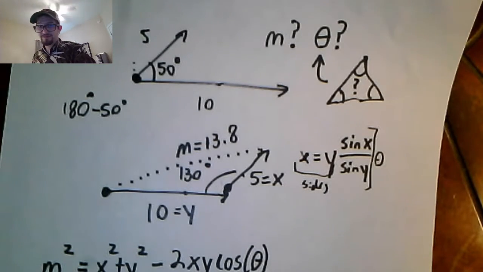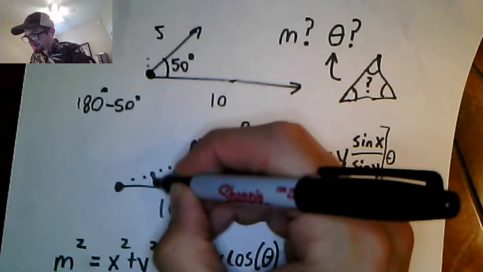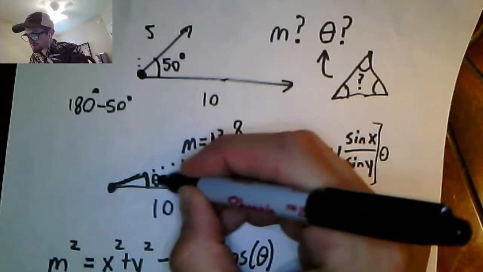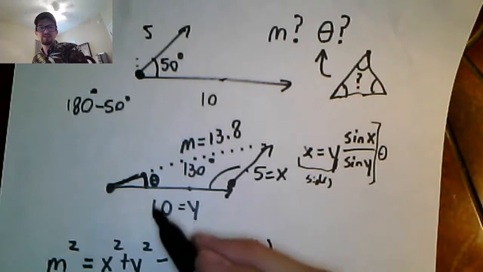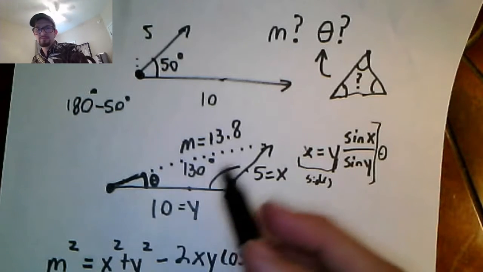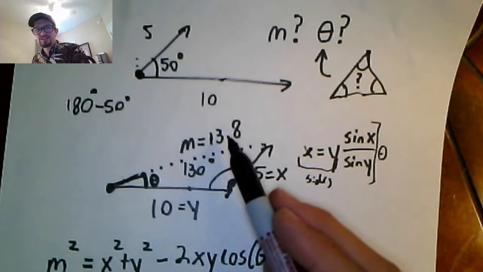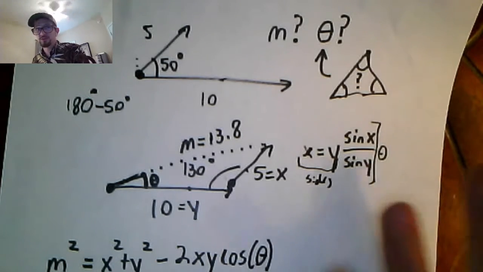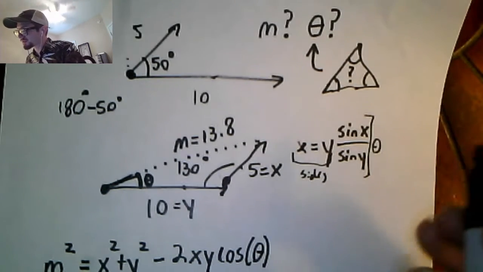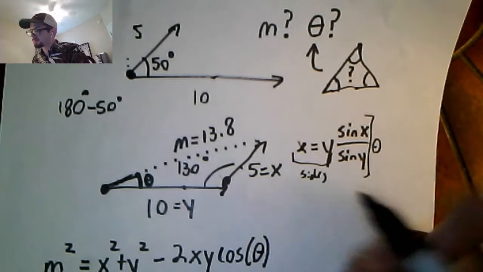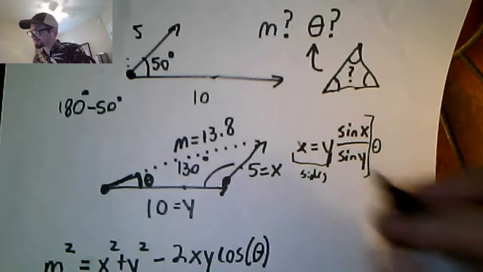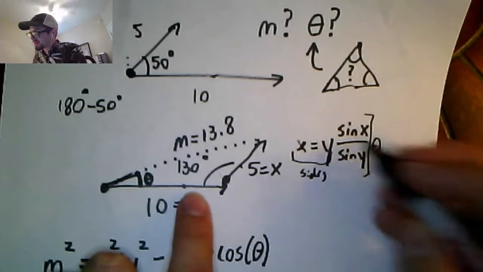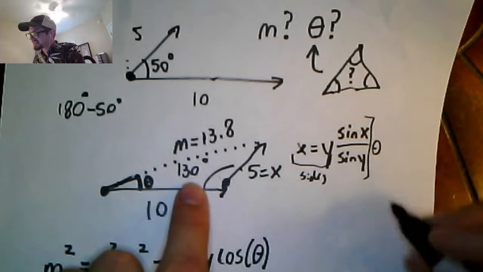Just for the sake of sanity, I'm going to pick this angle and solve for this, and I'll mark it with my symbol so that we know this is what I'm looking for. I know M is 13.8, and I know the angle for M is 130. So I can plug those in for y and sine of y: 13.8 and sine of 130.